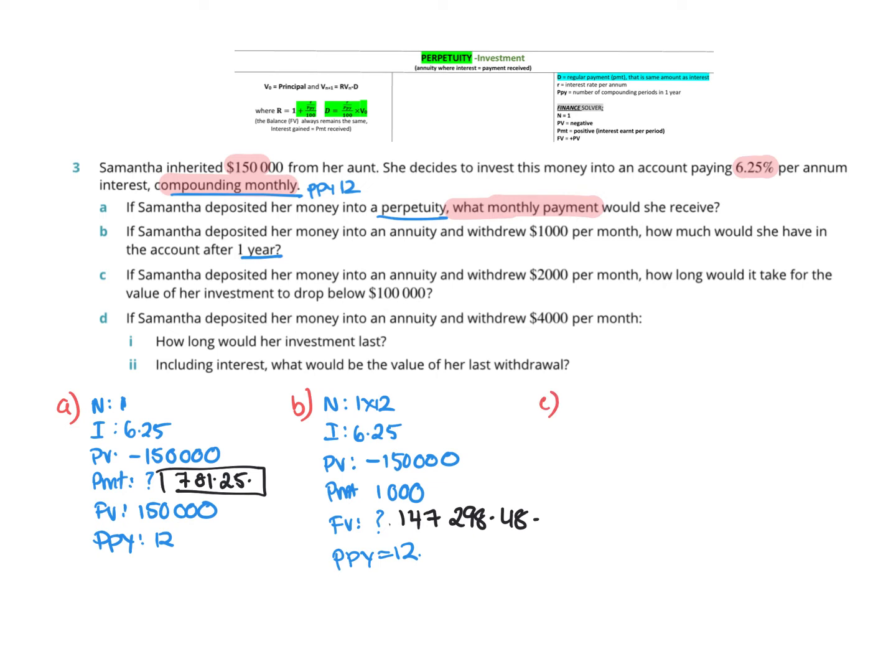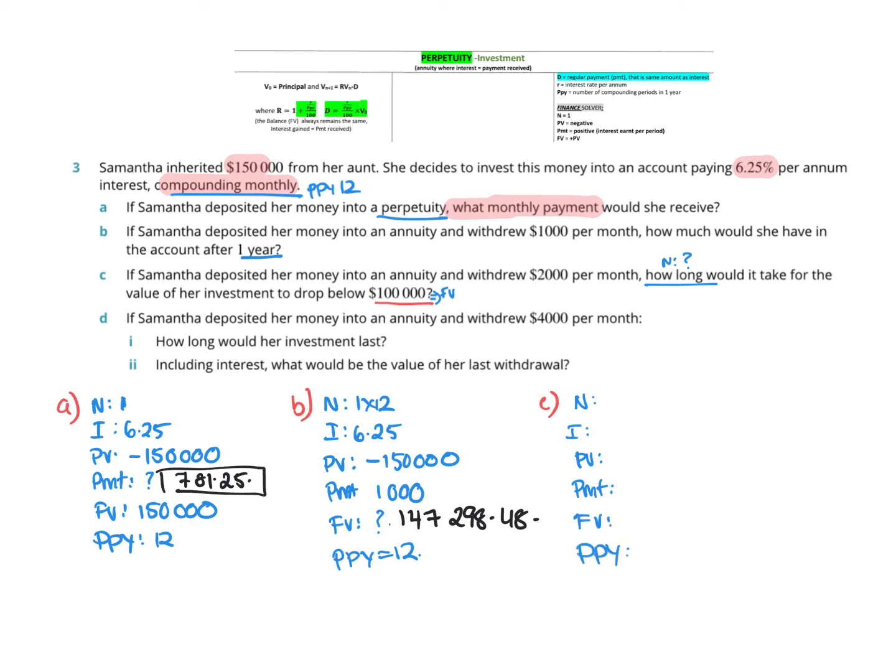So if Samantha deposited her money in an annuity, and withdrew 2,000 per month, how long would it take the investment to drop below 100,000? So what you want to do is say that your final value is this 100,000, and how long would be, make the N the question. So we can still do it through Finance Solver again, and obviously just got to change that payment as well.